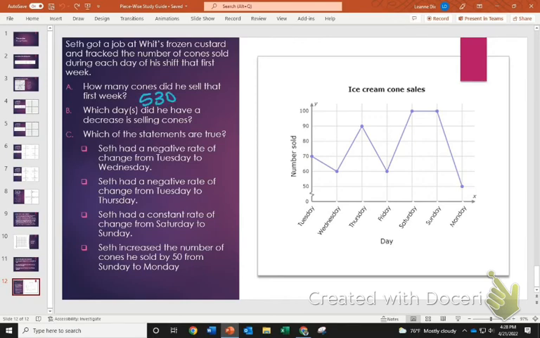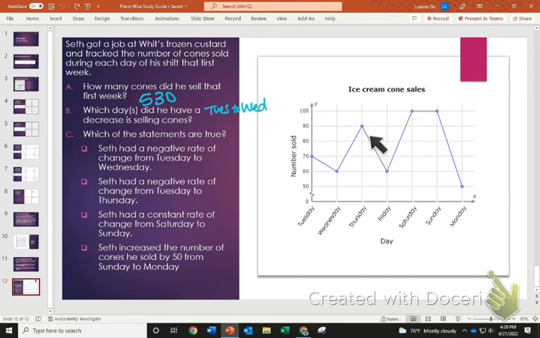Which days did he have a decrease in selling cones? Now this one I want to make sure that we understand. I want you to write it like an interval. So like notice over here that he did decrease these 2 days. So we're going to write it as Tuesday to Wednesday. So I'll say Tuesday to Wednesday. All right.